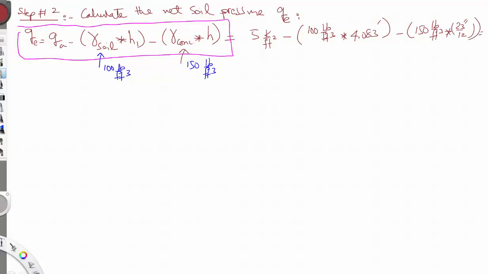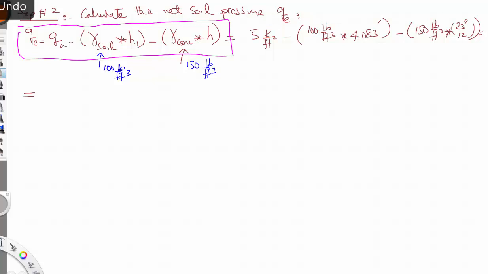Now we have some sort of conversion we need to do, and you have to pay attention to this. You see the units here are mixed. This is kip and these are pounds. So you want to make sure that these are consistent.